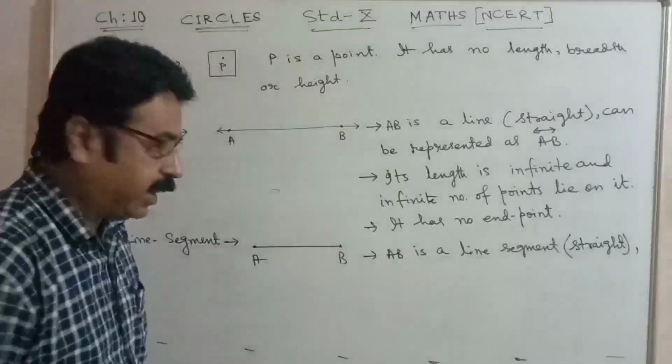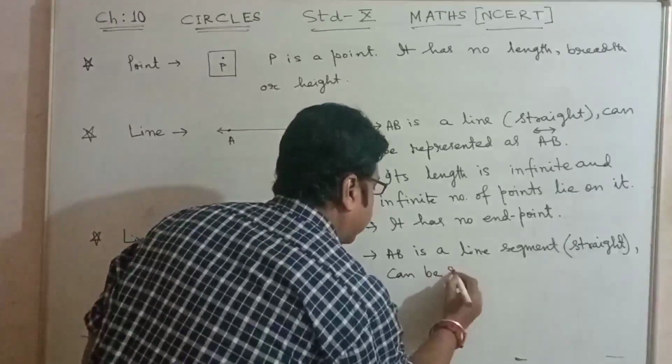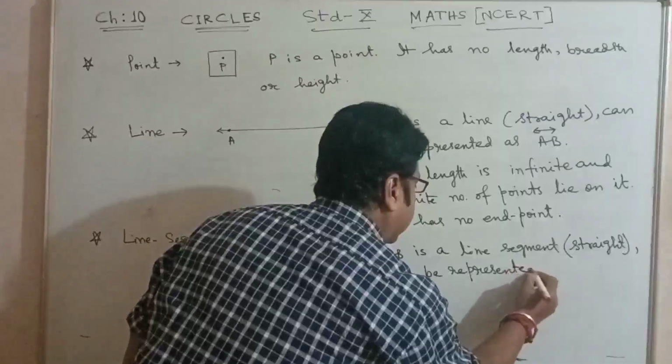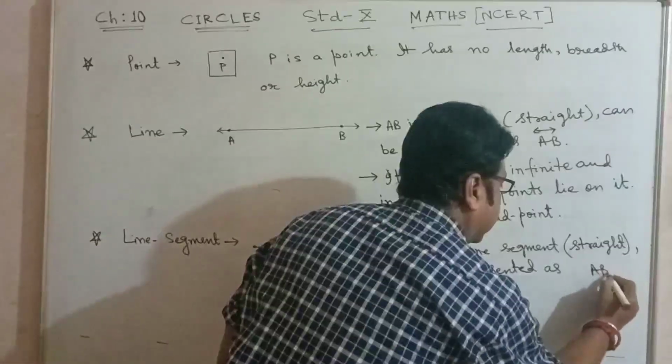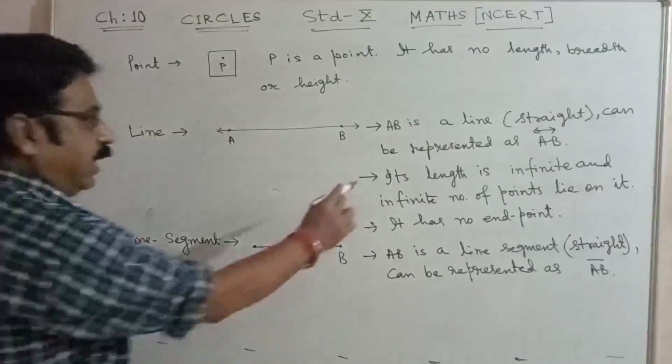It can be represented as AB like this. Its length is finite.